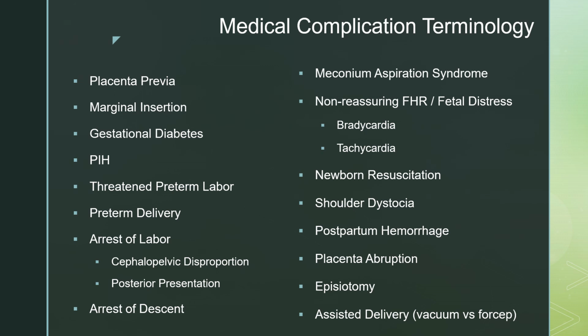It's really important for the entire birth team to understand what those terms mean, what each person's role is during those situations, and what interventions are done and why. So placenta previa has to do with the placenta being over the cervix, and you have to deliver by C-section. Marginal insertion is a low-lying placenta where it's near the cervix, but it's not over it.